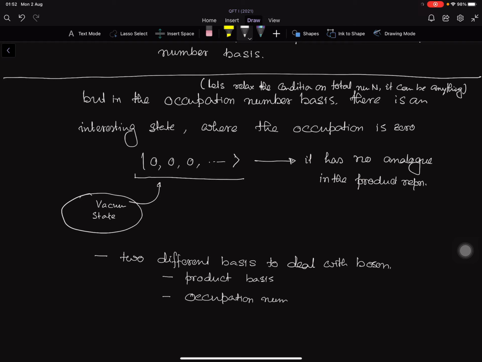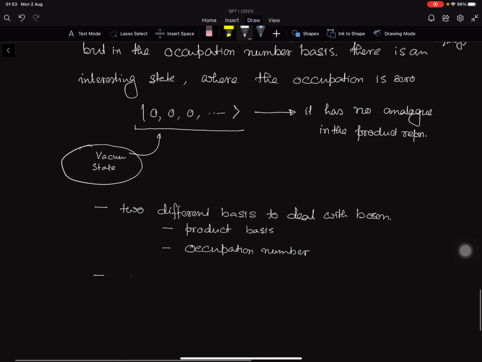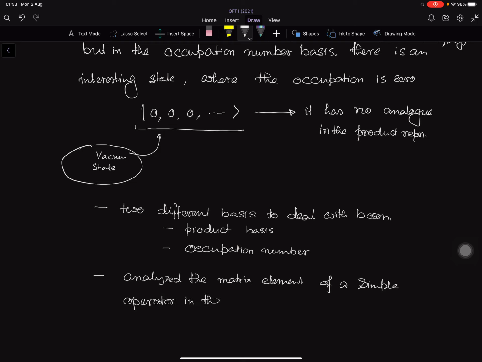Then in the occupation number basis, we analyzed the matrix element of a very simple operator between two states in the occupation number basis.